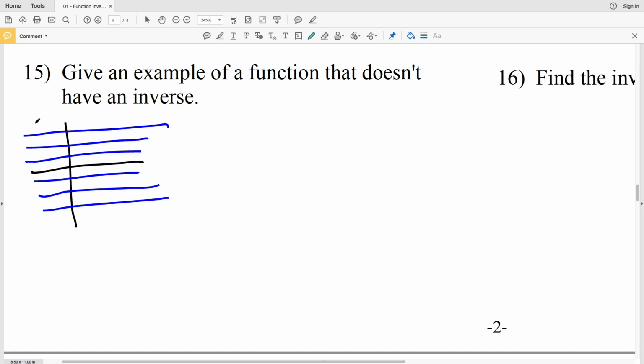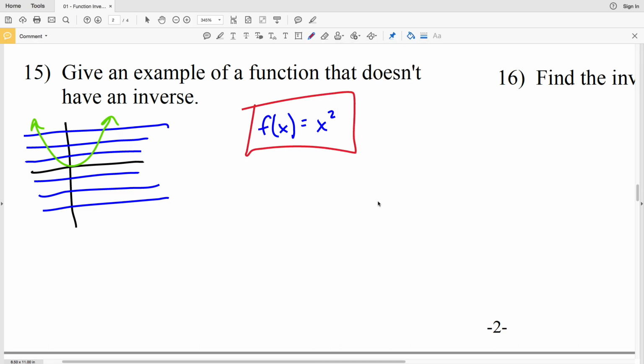So right away, a parabola would not pass the horizontal line test because you can see it intersects a horizontal line twice. Therefore, one function that doesn't have an inverse, f of x, is x squared.